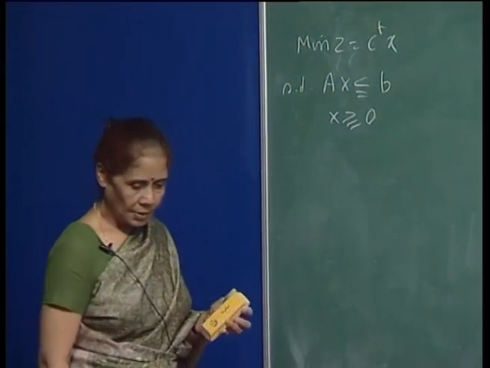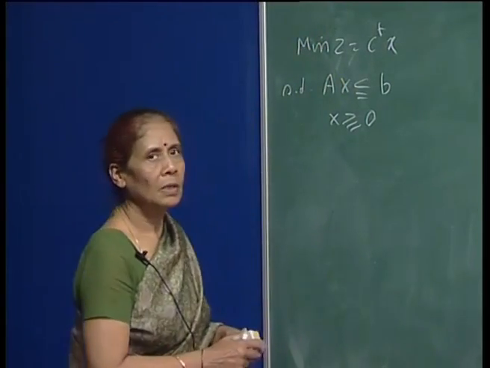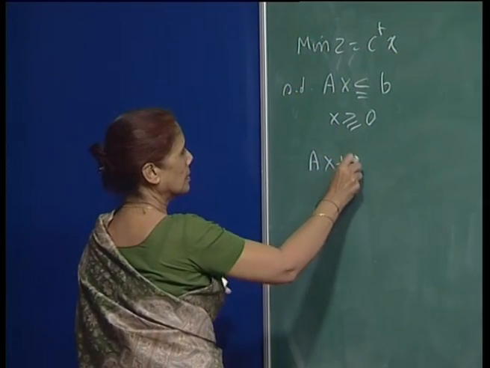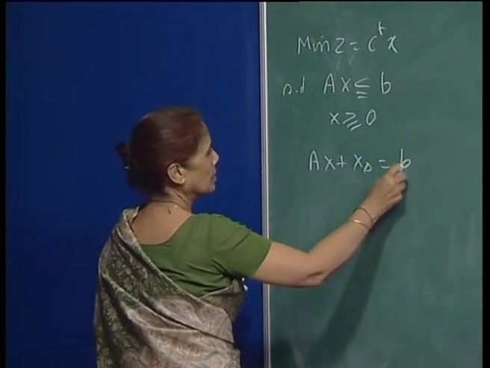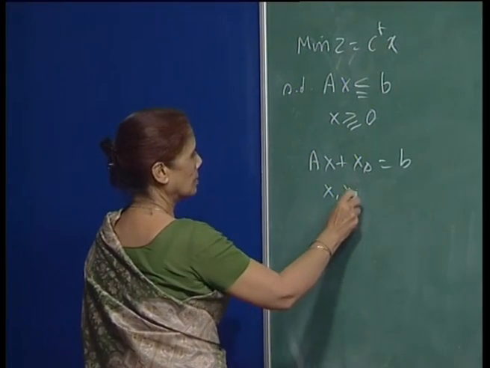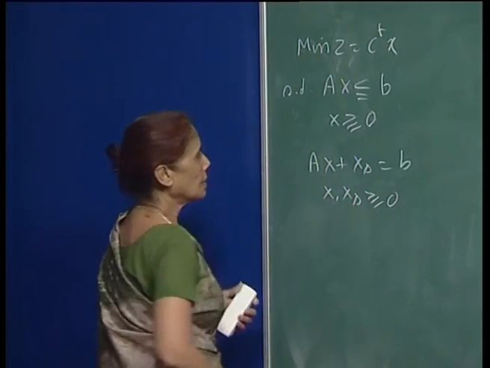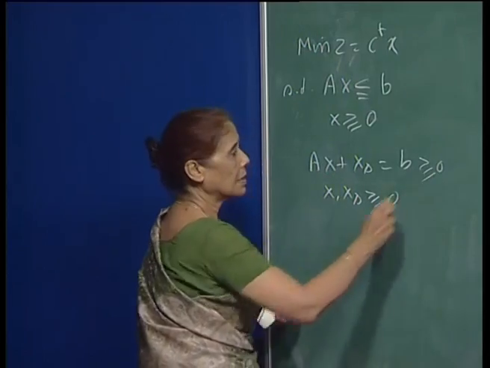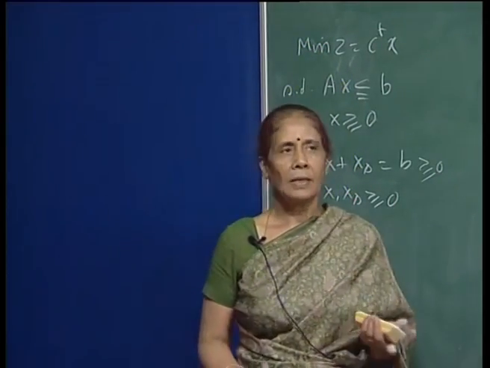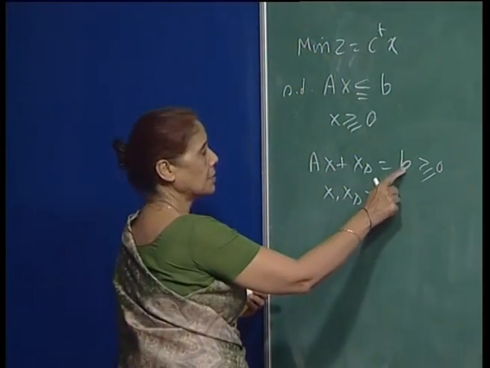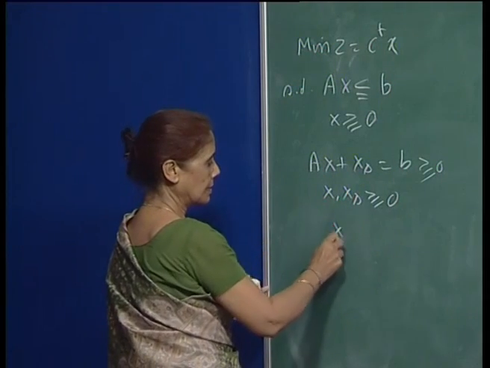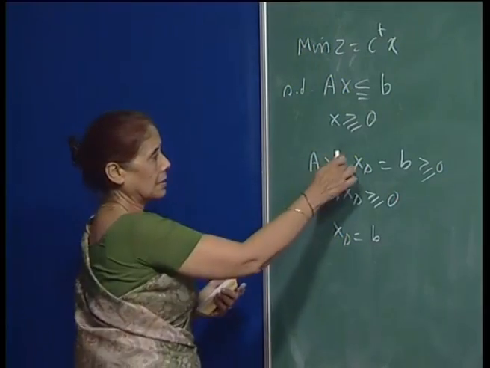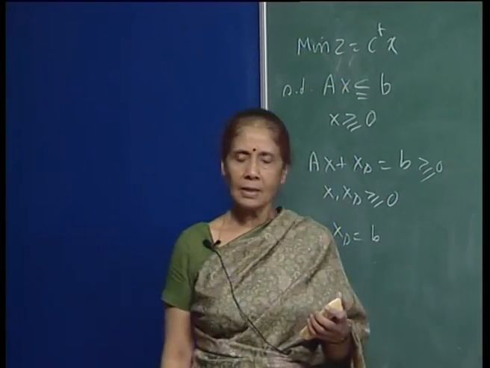Suppose you have a linear programming problem in this form, then I will add slack variables. So if all components of b are non-negative, I can immediately read my feasible solution as a basic feasible solution, as this equal to b, because then my basis matrix is identity, right?